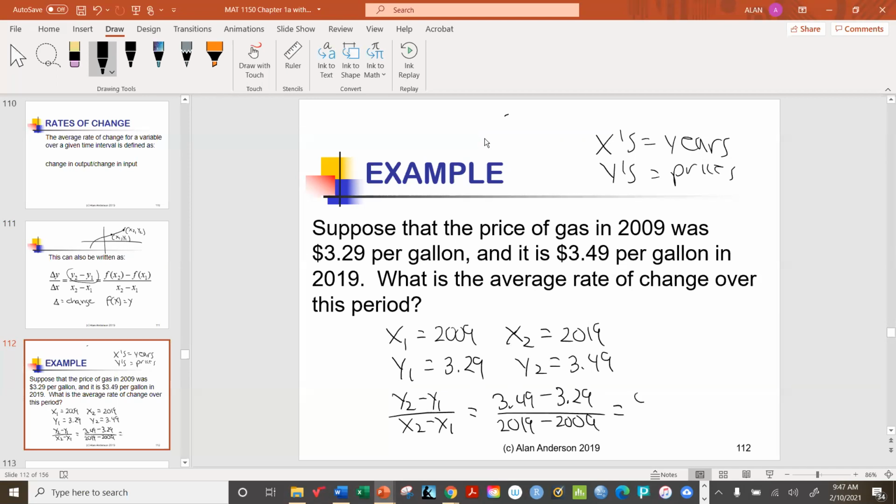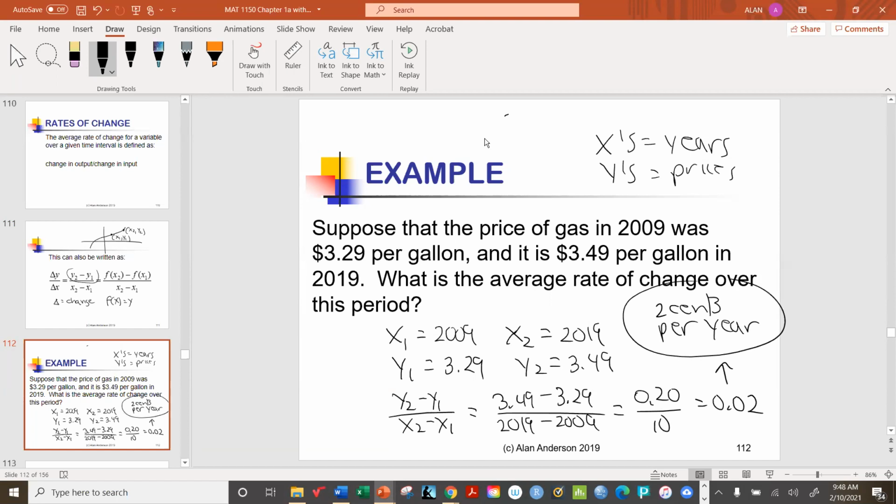So in other words, the price went up 20 cents over a period of 10 years, which means an average of 2 cents per year. That's what it means. If it took 10 years to go up 20 cents, that translates into an average of 2 cents per year.